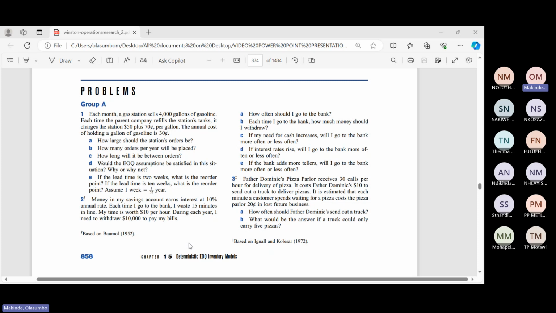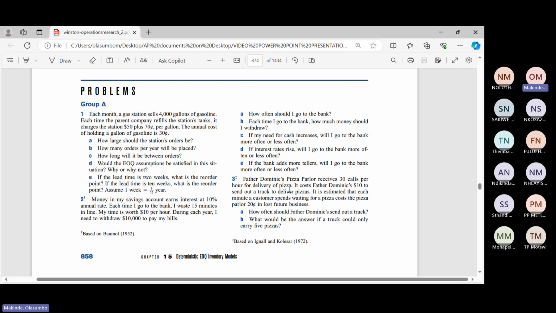If you work in KFC or in these retail shops and you need to render services to clients who call you, you can apply this concept to improve service delivery. So let's look at that scenario. Father Dominic's Pizza Parlor receives 30 calls per hour for the delivery of pizza. So he's receiving 30 calls every hour for the delivery of pizza.